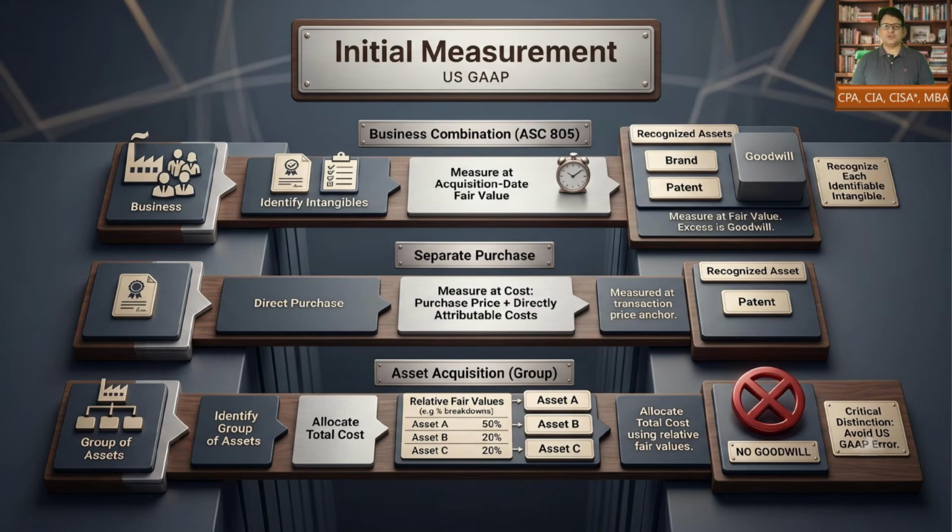In an asset acquisition, total cost is allocated using relative fair values. The critical distinction is this: goodwill is recognized only in a business combination. If someone tries to create a vague residual asset in an asset acquisition and call it goodwill, that is not careful accounting. That is accounting with a magic marker.